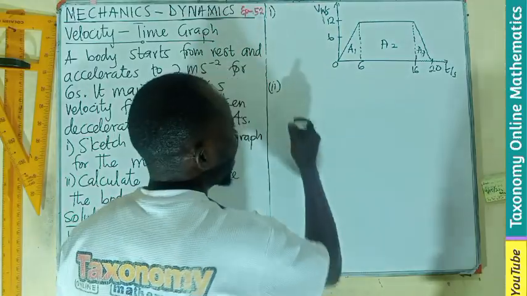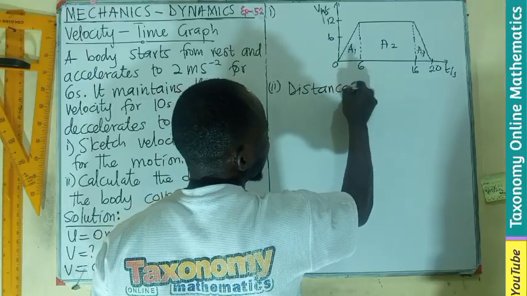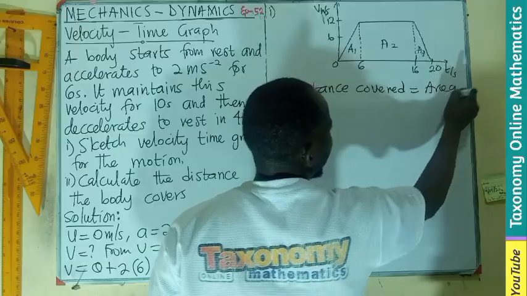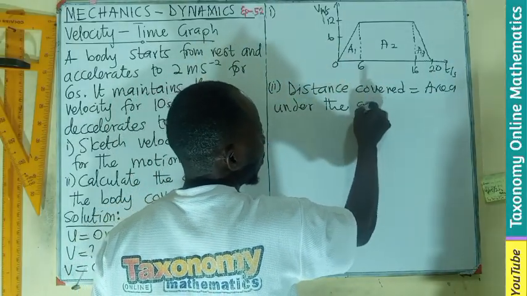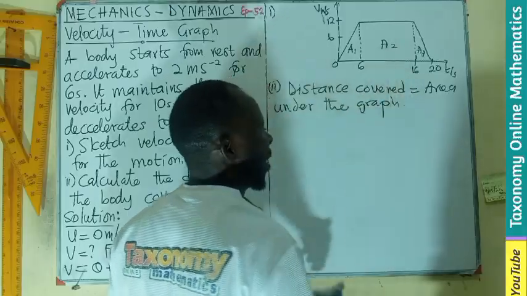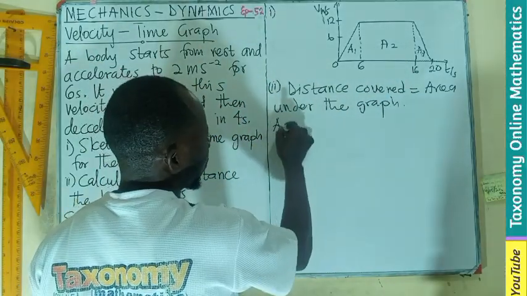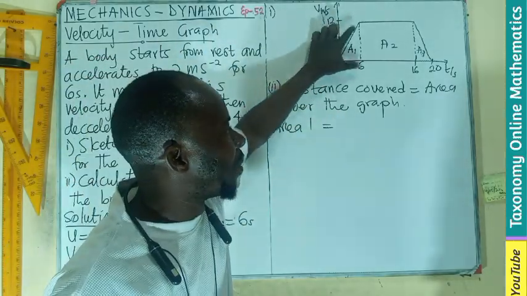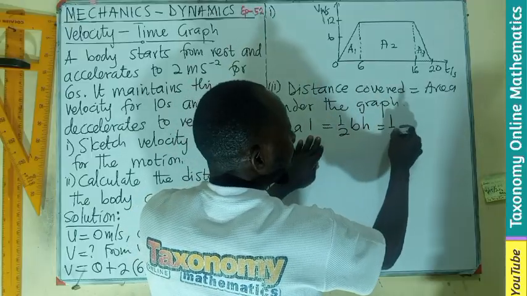So let's see: distance covered equals the area under the graph or under the curve. So we find area 1. Area 1 is going to be a triangle, so I have half base times height.